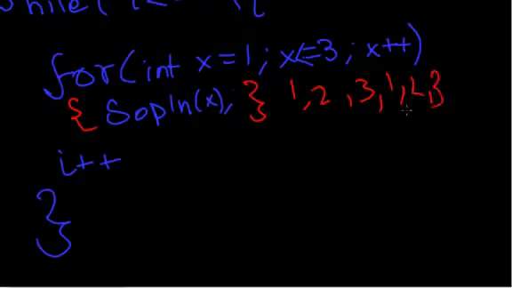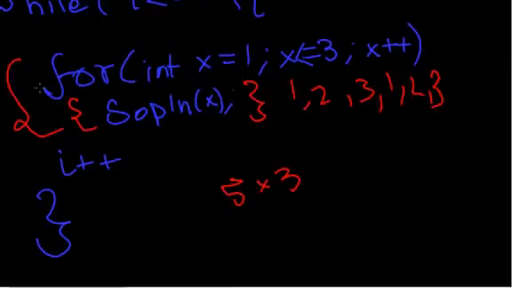So essentially, if I asked you to calculate how many times the value of x would be printed, any guesses? You can pause the video and try to calculate. But x would be printed 5 into 3 times, because this loop would be executed 3 times for every one execution of the while loop.